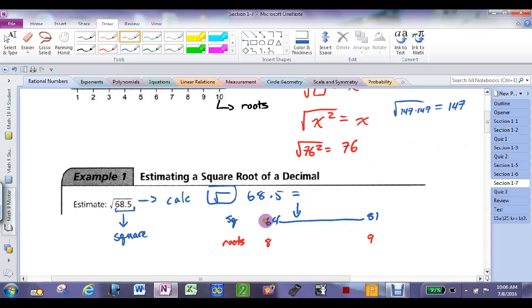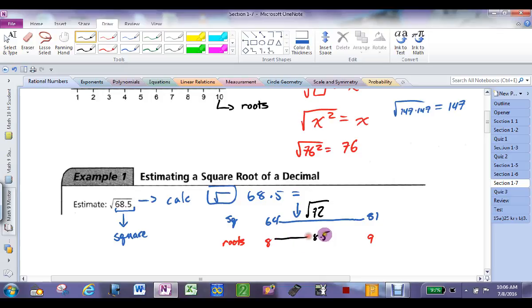What would halfway between the two be? 77? No, not quite. 72-ish, right? Agreed? So halfway is 72. So use your brains. What would be a good guess for the square root of 72? If it's halfway between 64 and 81, what would its square root be? 8.5.